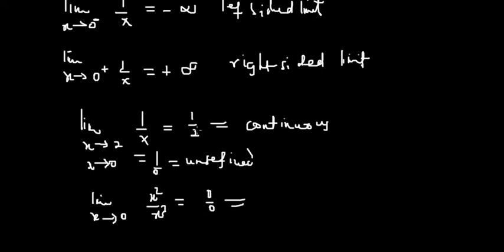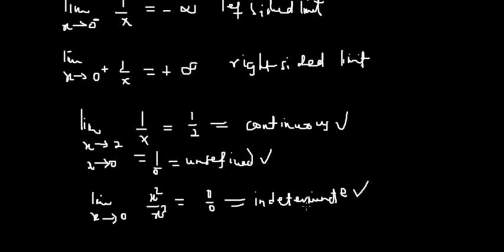From here you can notice that 1 on 2 is determinate, so it's continuous. 1 over 0 is undefined, and 0 over 0 is indeterminate. So note these 3 points: continuous, undefined, and indeterminate.